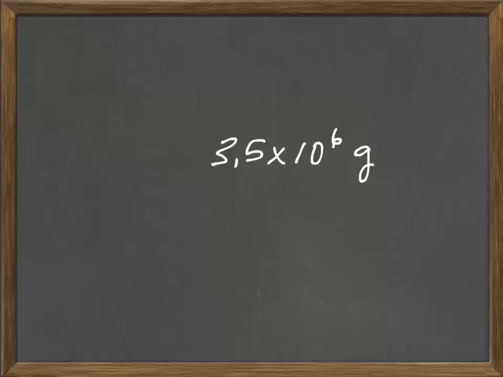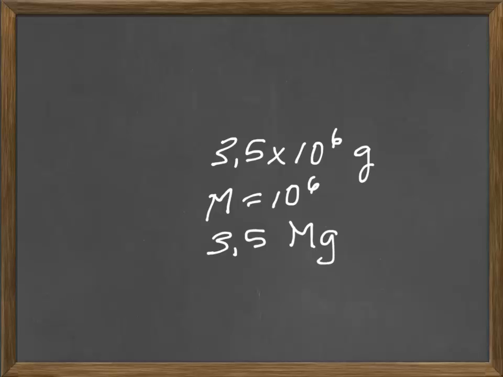Well, let's look for a prefix that means 10 to the 6th. Remember which one that is? Mega. So mega, capital M, means 10 to the 6th. So this is 3.5 megagrams.